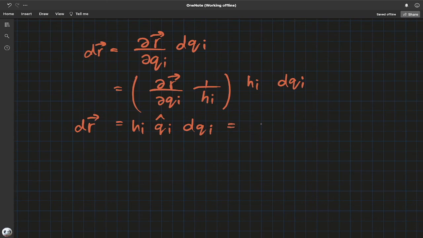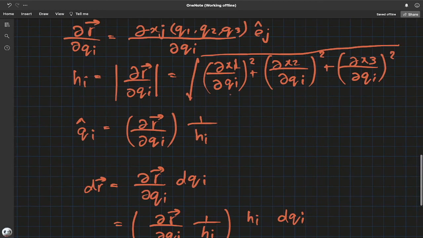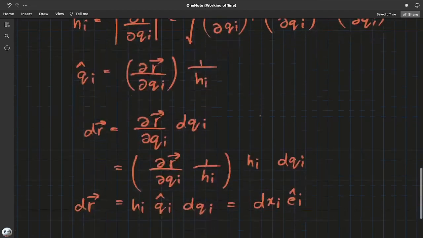Because in the Cartesian system, this is simple. This is just say dxi ei hat. The scaling factor, if you want to think about it that way, is 1, because if you do the partial derivative, this is just 1, 0, 0 for each of the i equal to 1, 2 and 3 for the Cartesian system.